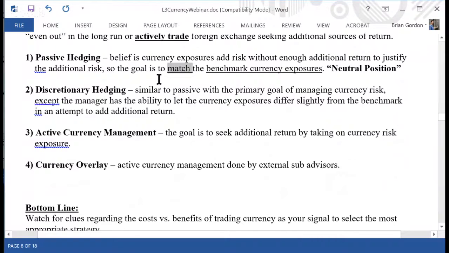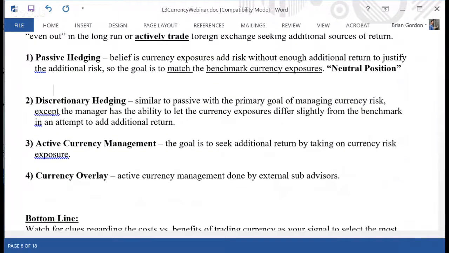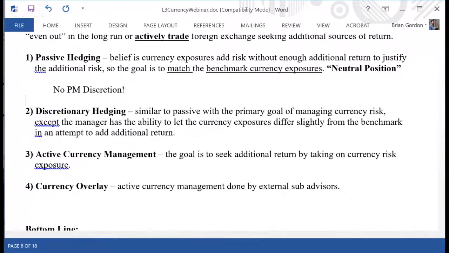Now, what else do you need to take away from this? Passive hedging. So what are we trying to do here? Well, I think that the key that you're going to take away is that there's no portfolio manager discretion. And this is the key. So it's rules based, as they say in the curriculum.